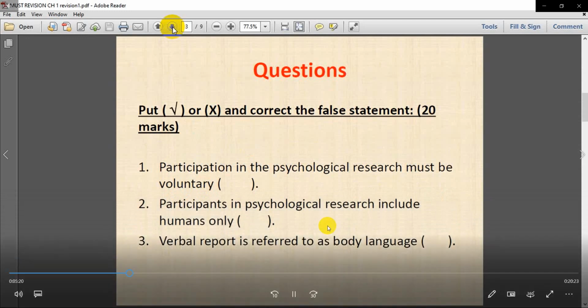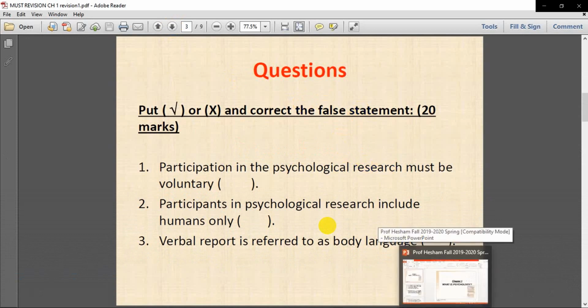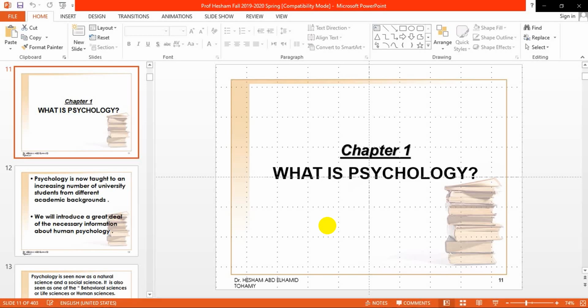Question number one. Participation in psychological research must be voluntary. Now I would like to go to the slide and try to find out the answer.